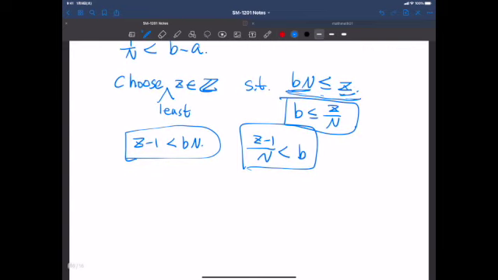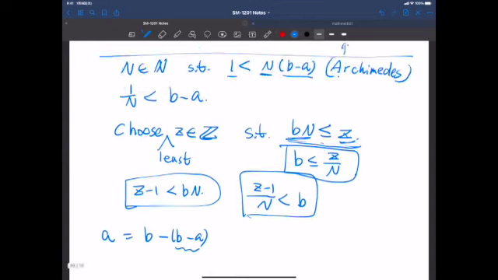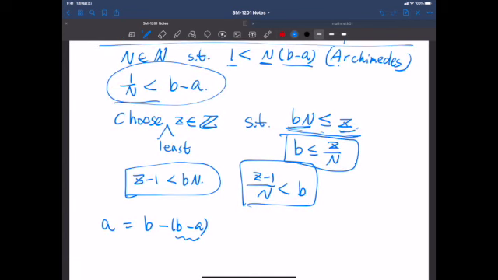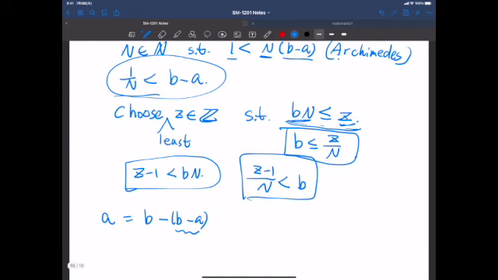So now we have a is equal to b minus (b minus a), right? So it's just an identity. And for this part, we have this is less than b minus 1 over n. Because of this negative sign, the inequality is swapped. Now, this is less than, and this is less than.